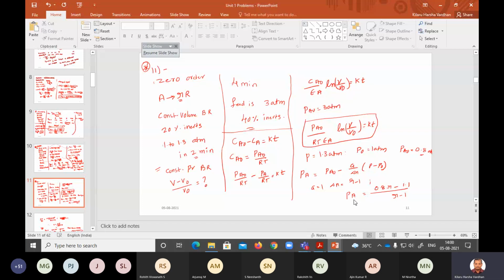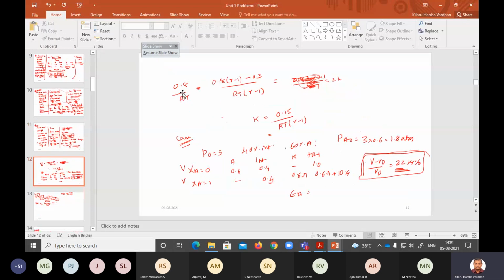So Pa becomes (0.6r minus 1.1) by (r minus 1). This is what you get, because he is giving it in terms of some coefficient r, right? Any doubt here? This expression, what I put here, you have to derive it. This is the derivation for a zero order variable volume batch reactor, right?